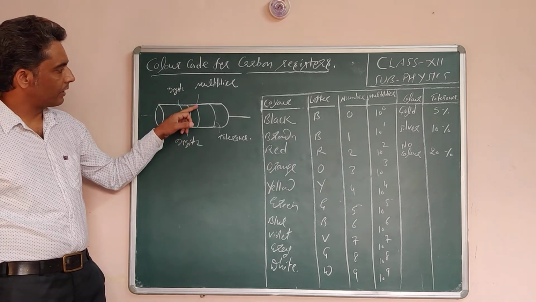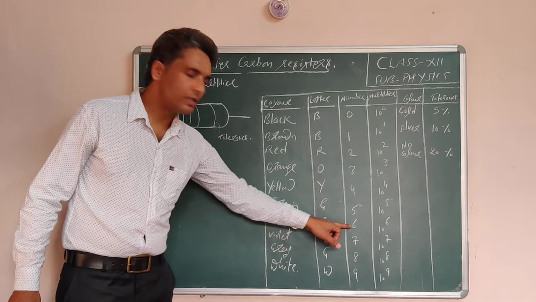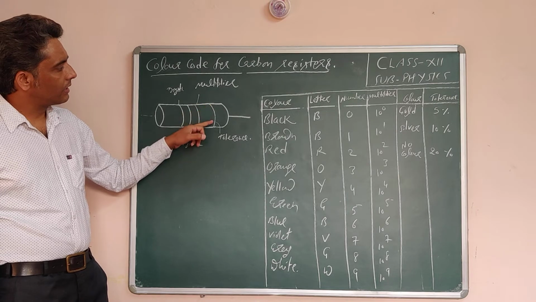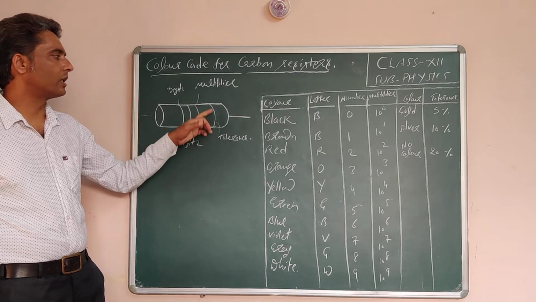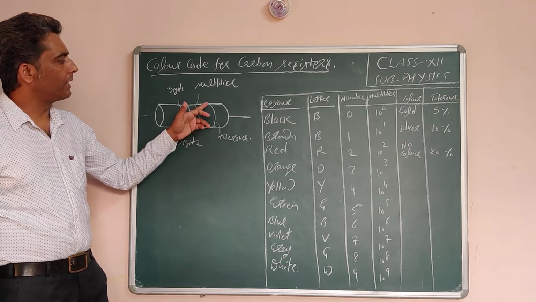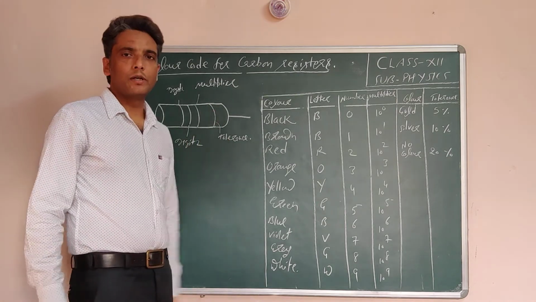If the color for this band is blue, then the number for blue is 6. Similarly, the last band has only two colors, either gold or silver, or it may not have any color, so this band may be absent.